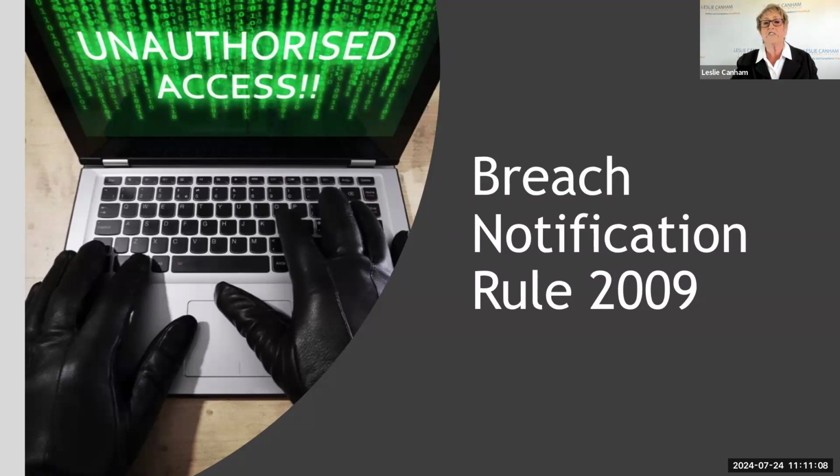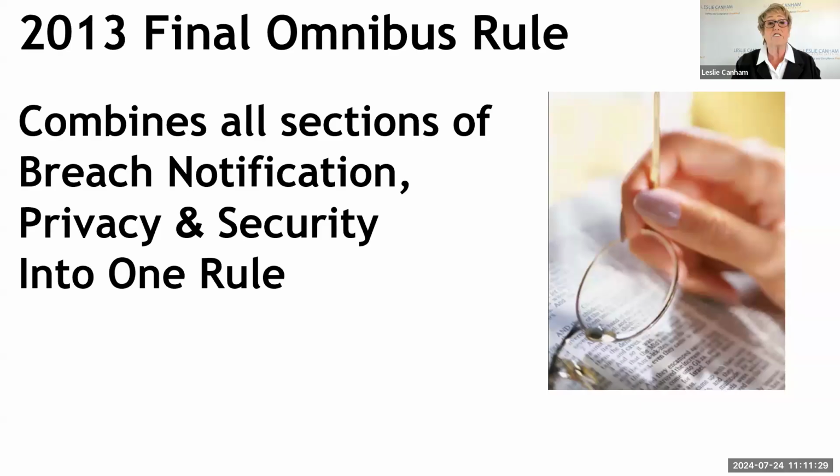So this rule gives dentists, covered entities, and their subcontractors or business associates a specific set of rules to comply with, and they have to notify anyone who has had their data compromised while it was in their custody. The 2013 Omnibus Rule combined all the sections of breach notification, privacy, and security rule into one package.